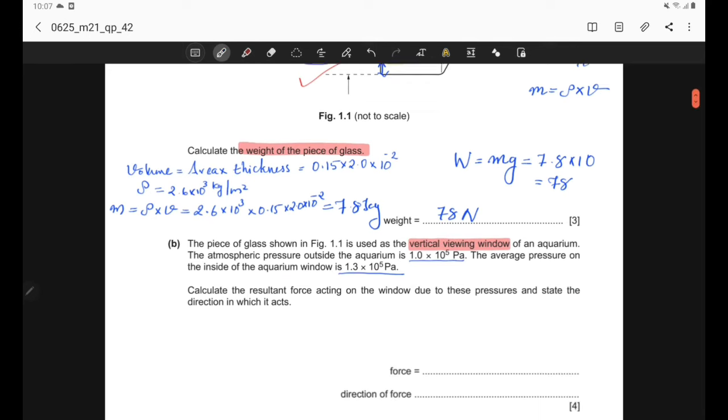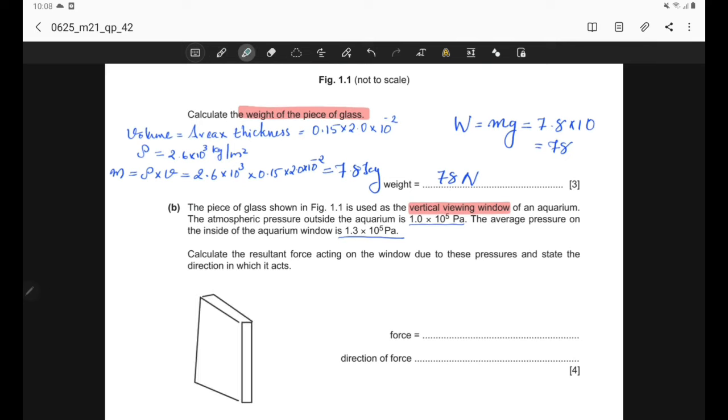As it is vertical, the piece of glass position will be like this, and inside this there will be water in the aquarium, and outside will be air particles, and the pressure outside the aquarium is given, that means the pressure exerted on this glass wall due to the air present outside the aquarium.